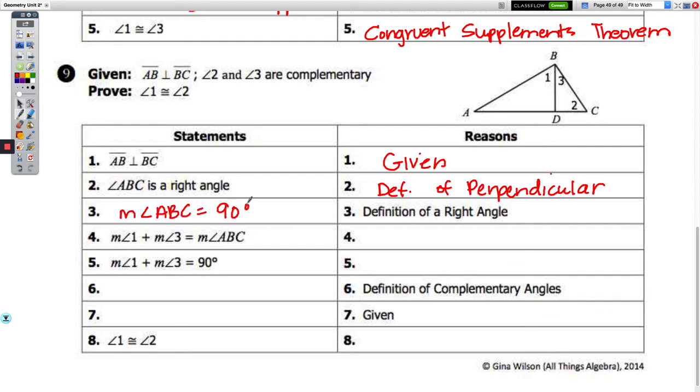Equals 90 degrees. So the measure of angle 1, that's this one right here, plus the measure of angle 3 equals the measure of angle ABC, that is the angle addition postulate. And if the measure of angle 1 plus the measure of angle 3 equals 90 degrees, definition.